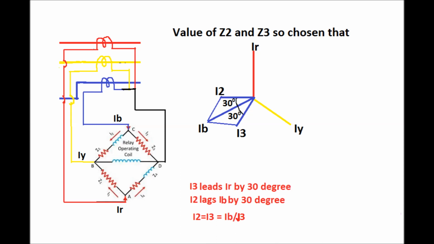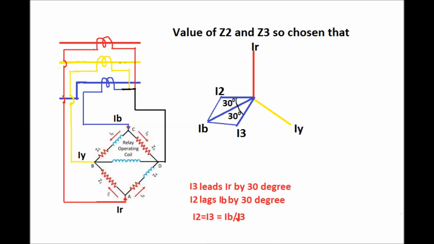Now in the upper portion of the bridge circuit, there are the Z2 and Z3 impedances. Z3 is again a resistive component of the impedance, and Z2 is a combination of resistance and inductance. The values of Z2 and Z3 are such that the blue phase current at the C terminal divides into two components.